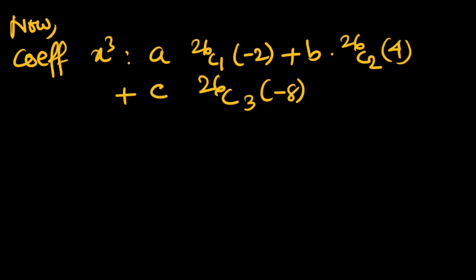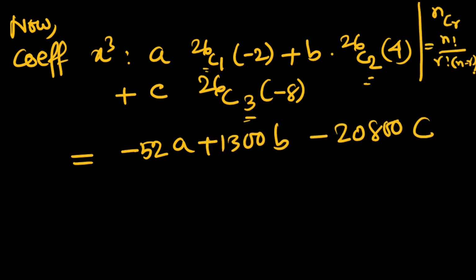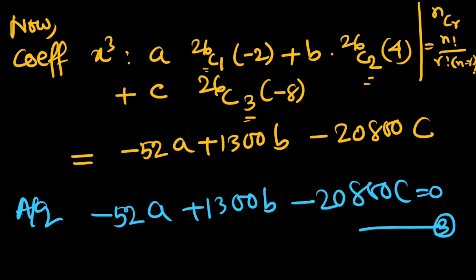Now we calculate it, then we get minus 52a plus 1300b minus 20800c. Using the same nCr formula, n factorial over r factorial n minus r factorial, here and here also. Now according to the question, this term is also 0: minus 52a plus 1300b minus 20800c is equal to 0. So numbering it 3, now we got 3 equations.